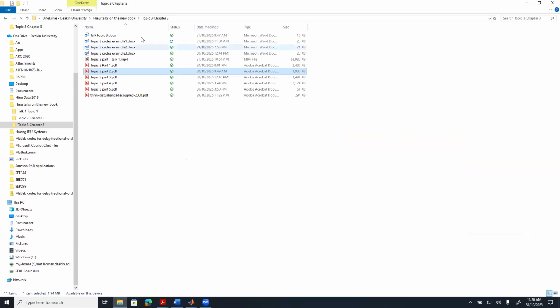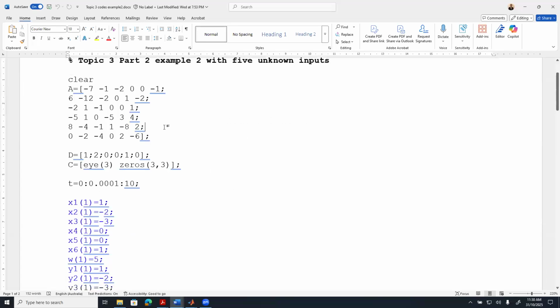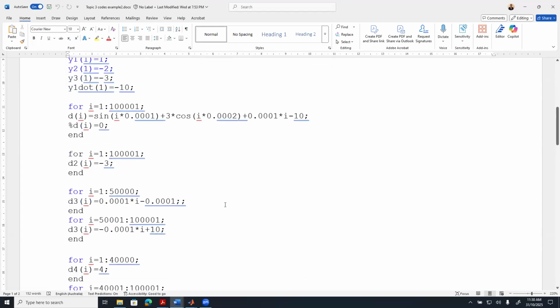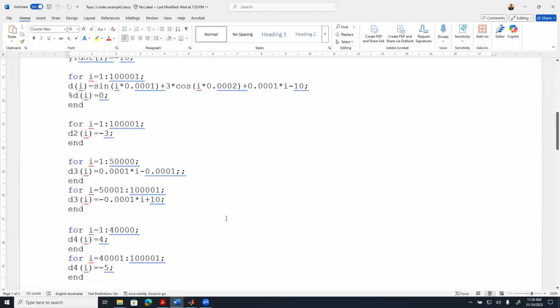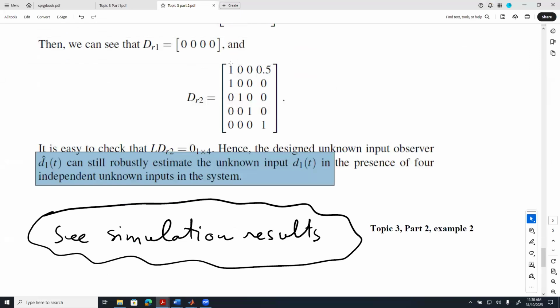All right, so here is another simulation example I'd like to show. Okay, so this is topic 3 part 2 with 5 unknown inputs. All right, so we've got the same matrices A, C, and D, and now we arbitrarily generate the other 4 unknown inputs. Yeah, 4 unknown inputs: 1, 2, 3.